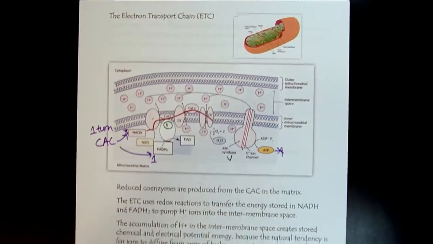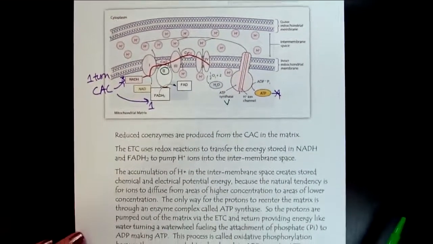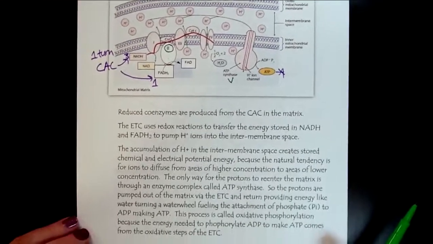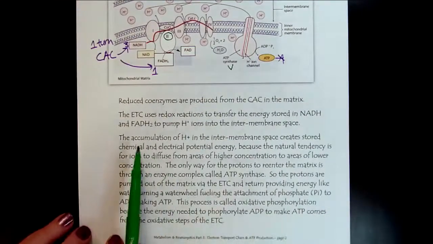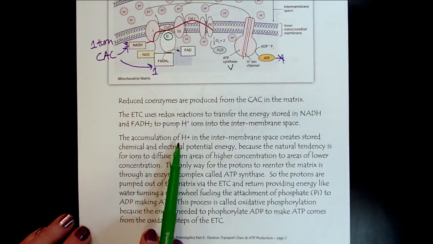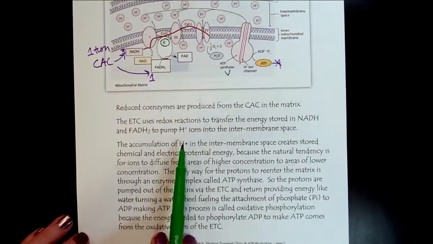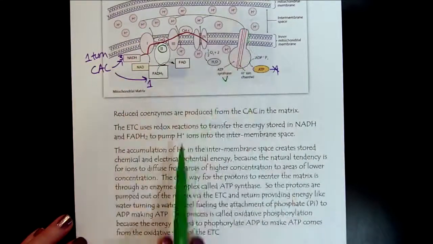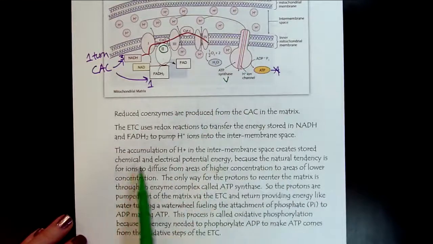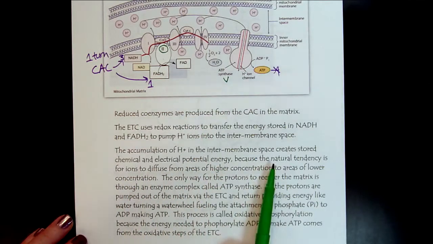So let's talk a little bit more about this now that we've carefully looked at the diagram. Let's talk about the importance, right? So the accumulation of these hydrogens in the intermembrane space creates stored chemical and electrical potential energy, right? Because we've learned about diffusion when we studied solution chemistry.